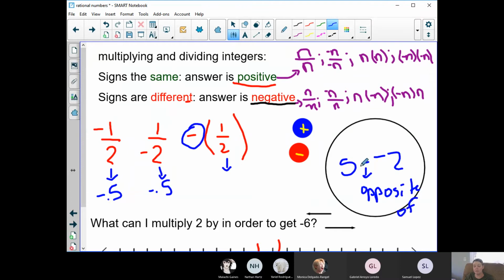That subtraction meant to do the opposite of here. So this negative is also telling us to do the opposite.